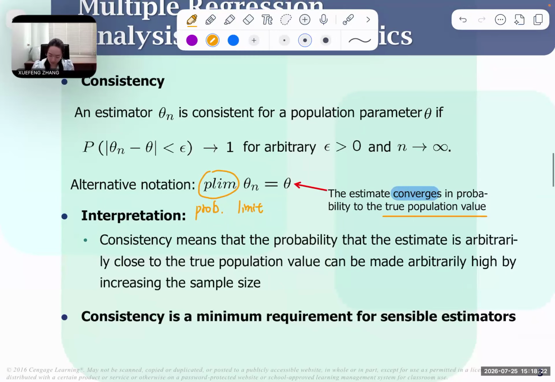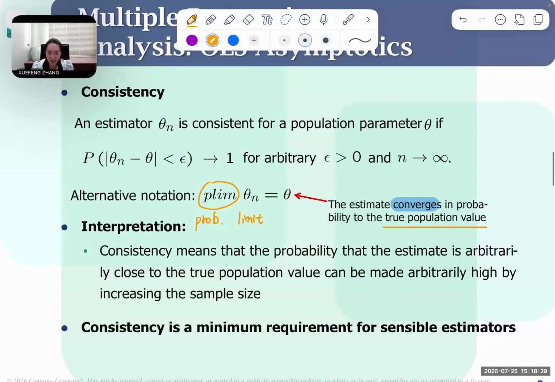Let's compare it with unbiasedness. That's a different property. Unbiasedness says that on average, across many samples, we get the right answer even in small samples.